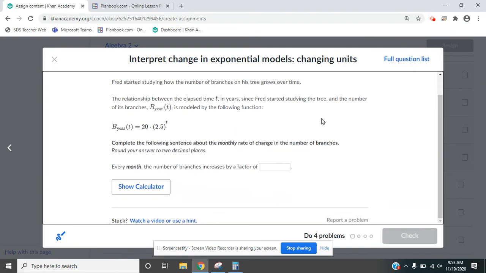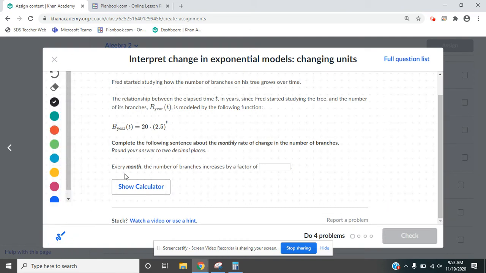Changing units. Here we go. Down here, it's asking about months. But up here, they tell us it's in years. Now, we know that 1 year is 12 months. Complete the following sentence about the monthly rate of change in the number of branches. The problem is up here, it's given in years, right?